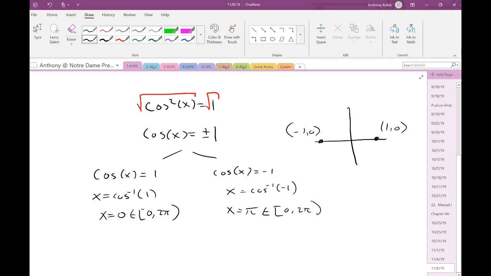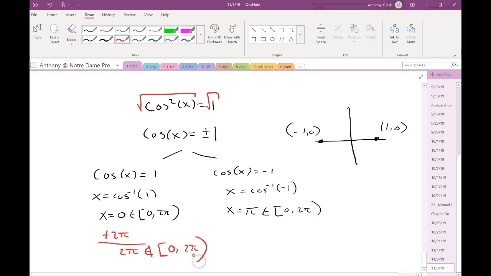Would that be in the interval? If I add 2 pi, I would get 2 pi, which is not in the interval 0 to 2 pi, because notice the parenthesis means we're not including that endpoint. So that's not in there. So the best we can do on 0 is just 0.